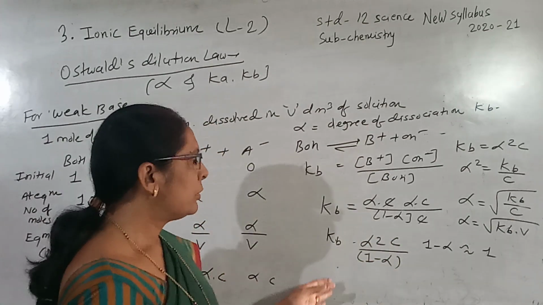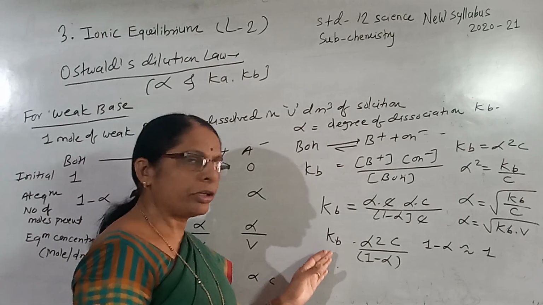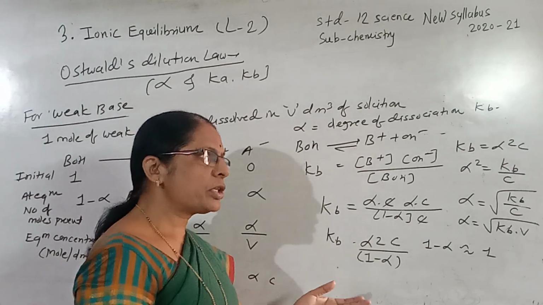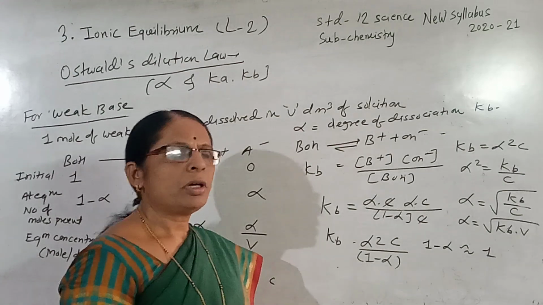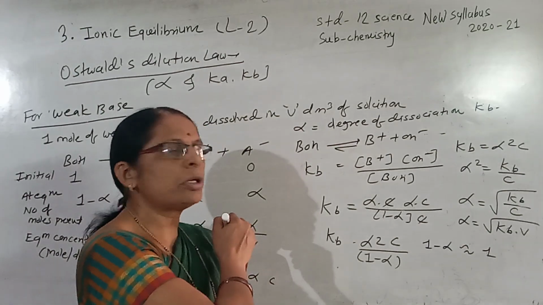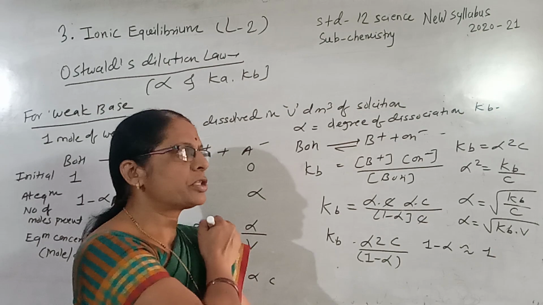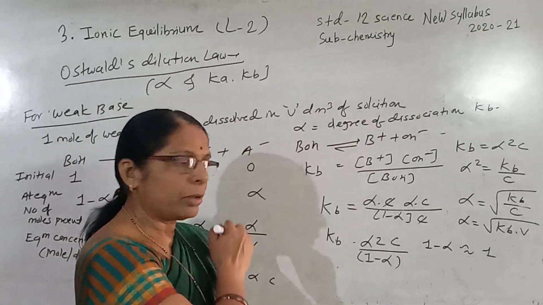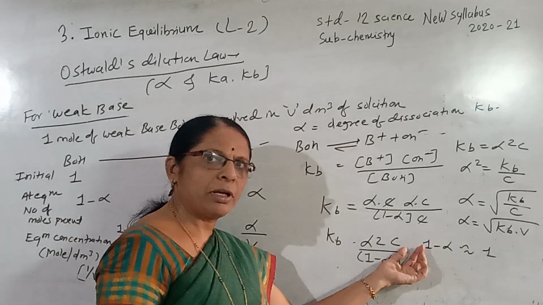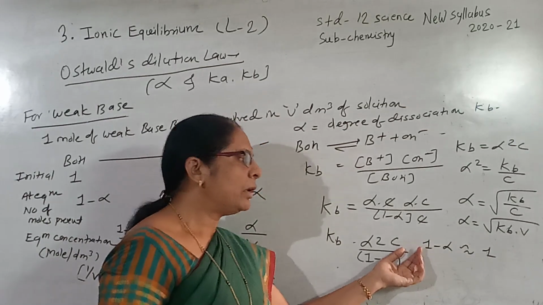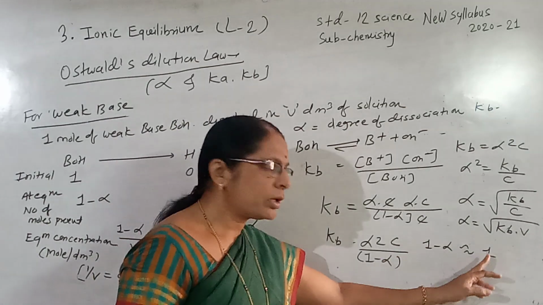As the base is very weak, the degree of dissociation is again a fractional quantity. We know that the degree of dissociation is the fraction of the total number of moles of the substance which is dissociated at equilibrium. This quantity is very small, and as we subtract a small quantity from 1, we get a value near about 1, and therefore I write 1.